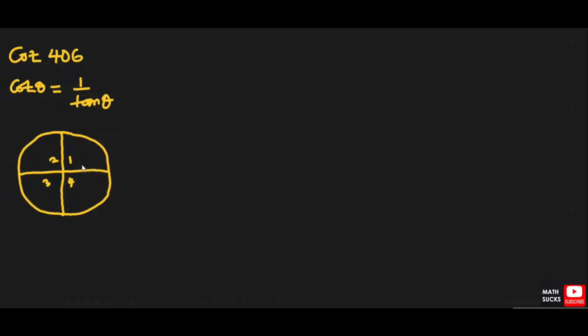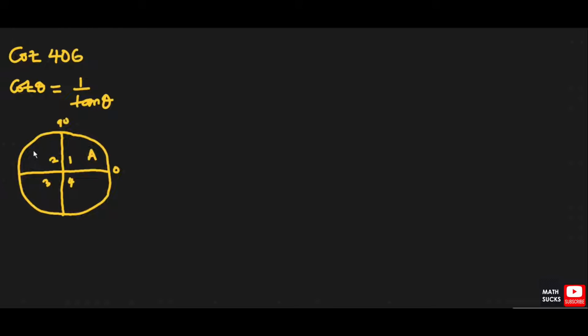We also know that any angle that falls between 0 and 90 is considered to be an acute angle. So if we are required to convert 406 into an acute angle, that means we want to convert it to its corresponding angle that falls in the first quadrant.